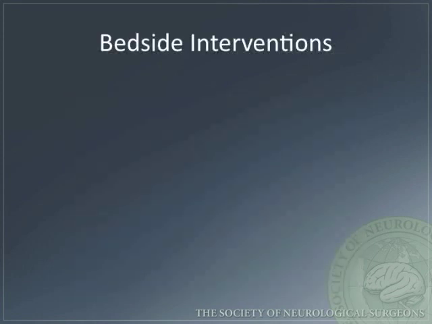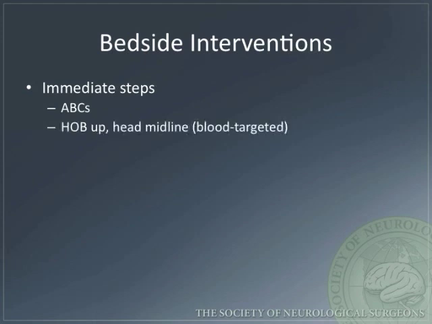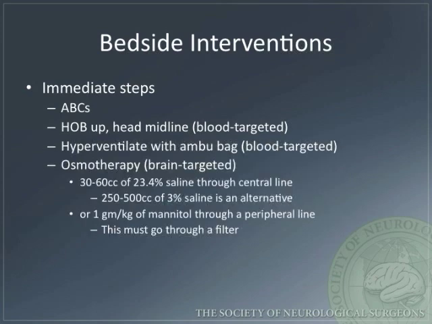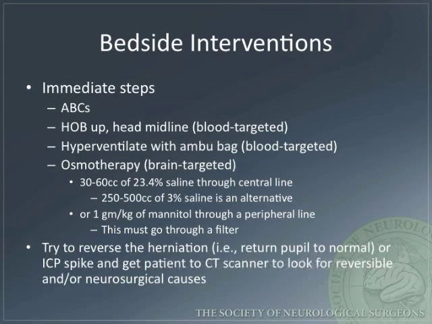Bedside interventions for elevated ICP include the standard ABCs: elevating the head of the bed, keeping the head midline, hyperventilation with ambu bag, and osmotherapy with hypertonic saline and mannitol. Try to reverse the herniation or ICP spike and get the patient to the CT scanner to look for reversible neurosurgical causes.